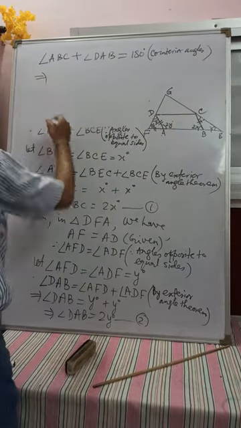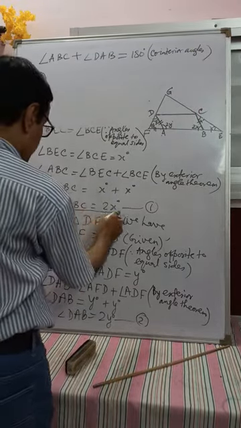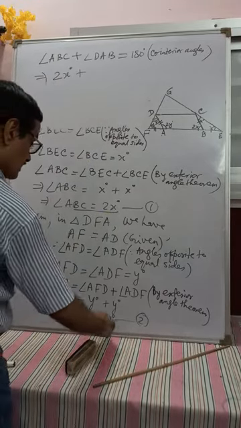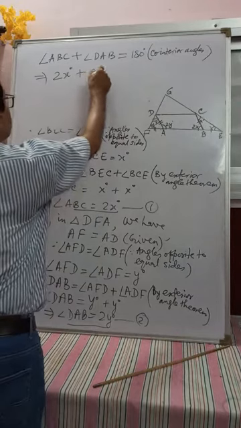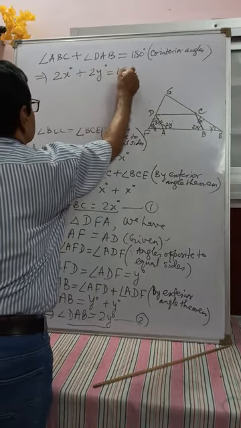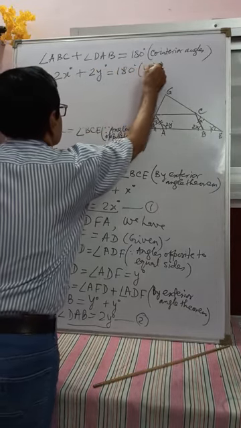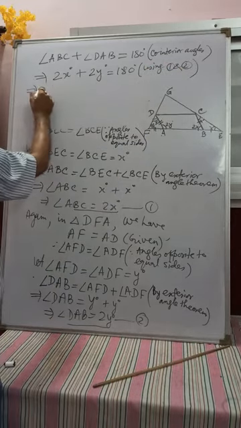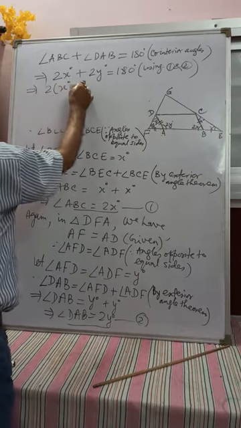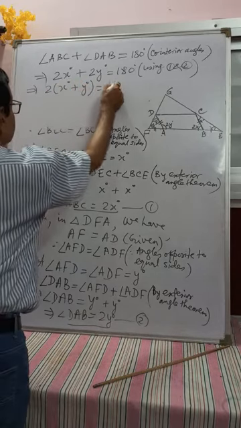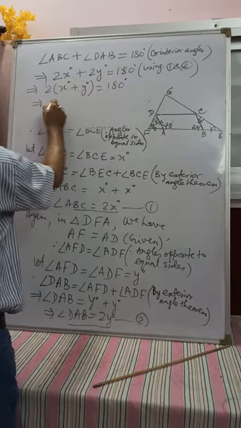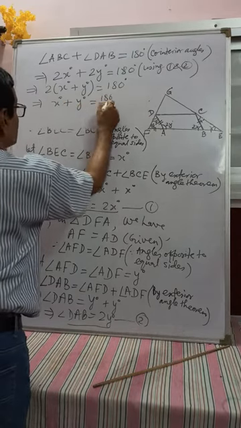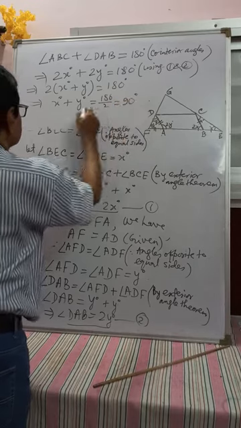And we have got angle ABC as 2x degrees. So 2x degrees plus angle DAB, we have got 2y degrees, that is equal to 180, using 1 and 2. So if you take 2 common, then x degrees plus y degrees is equal to 180 by 2, that is 90 degrees.